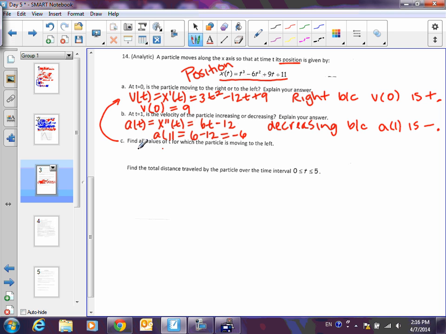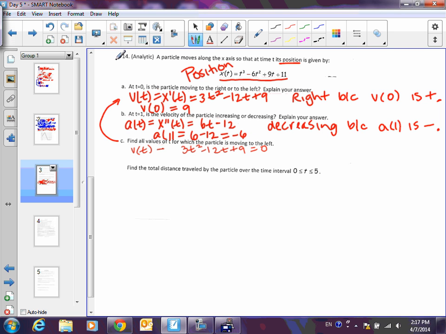I mean, forget about velocity for a second. How do you find out when a function is decreasing or increasing? You find its first derivative, and then you do what? You find the critical points, which is where the first derivative is equal to 0. So I'm going to go ahead and write here, I want to find out where v of t is negative. So that means I need to set my velocity equal to 0. And that's not all I need to do, but that's the first step.